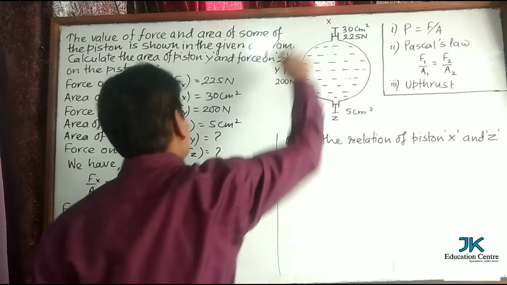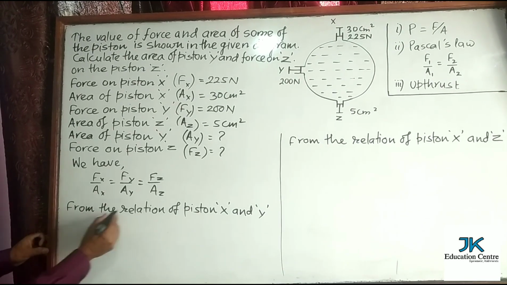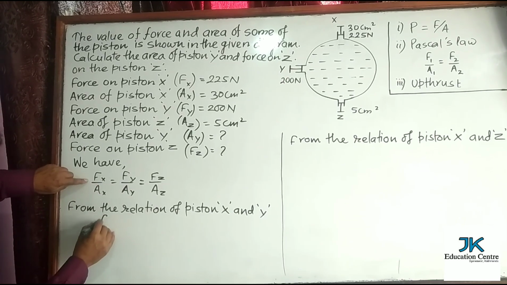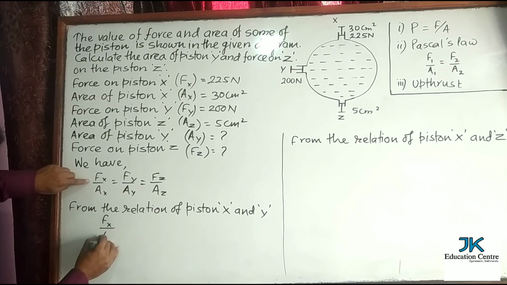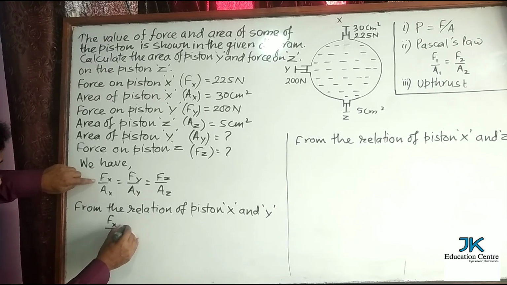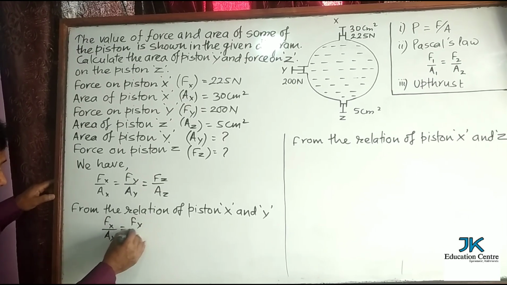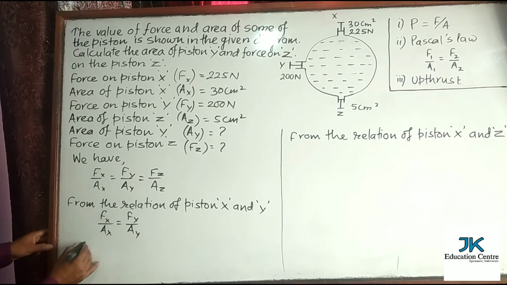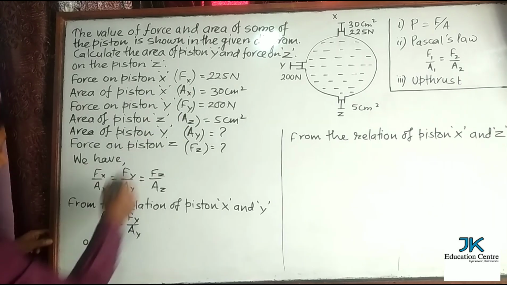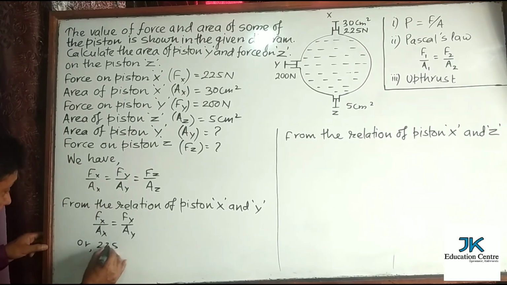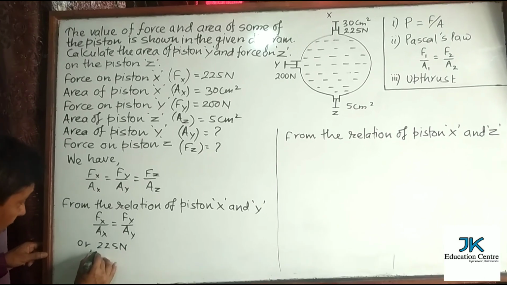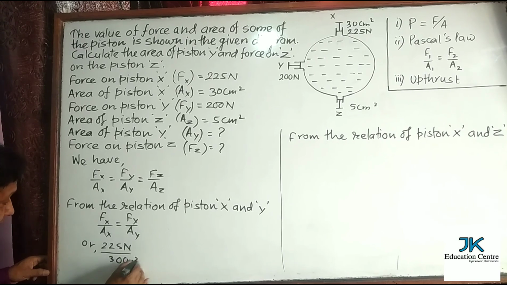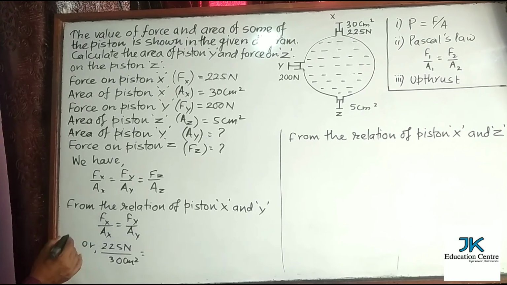That's why if we compare these two, from the relation of pistons X and Y, we can write Fx upon Ax is equal to Fy upon Ay. Fx is given as 225 Newton upon Ax, which is 30 centimeter square.